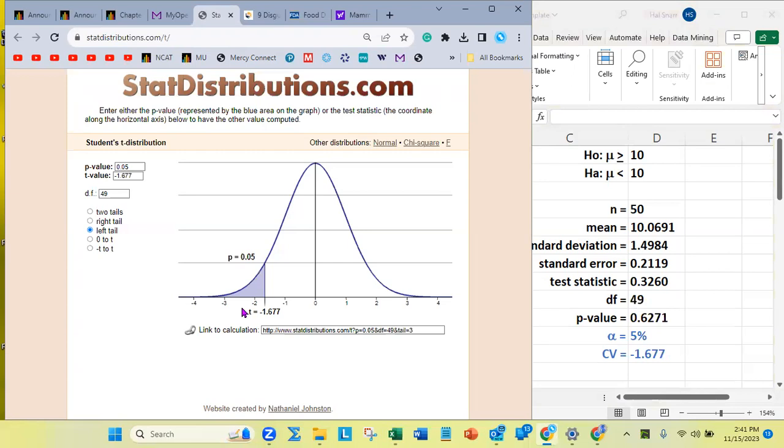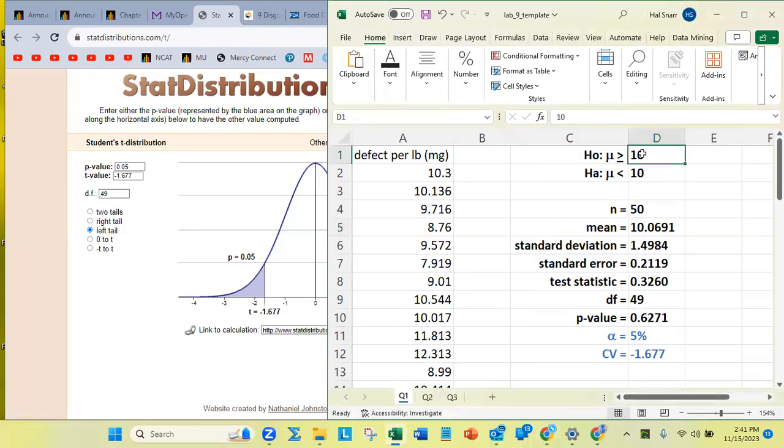And if it falls under the blue area, since this side of the distribution is negative, we say the difference is both negative and significant. So the test statistic falls under the blue area being the significance level. We say the difference between the mean and the hypothesized value of the mean is negative and significant.